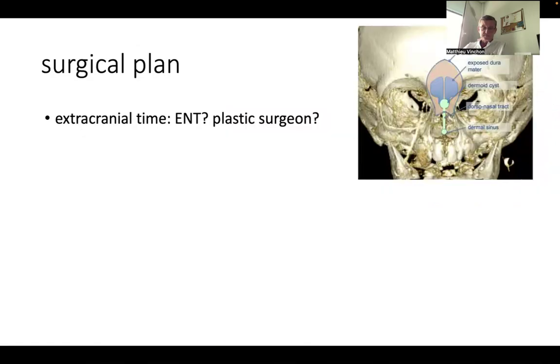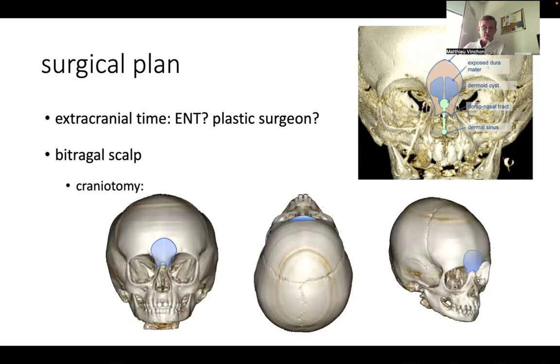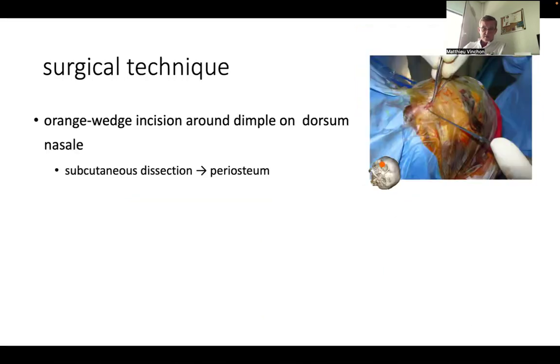neuraxis infection. So the surgical plan will involve an extradural time with an ENT or a plastic surgeon, or sometimes a neurosurgeon when we have to organize very fast in emergency, and a bitragal scalp incision in order to do a craniotomy between the two eyes on the frontomedial anterior frontal bone, hinged on the frontonasal suture.